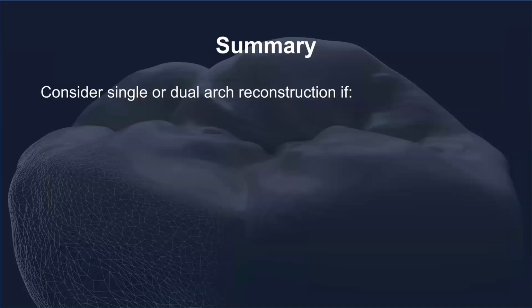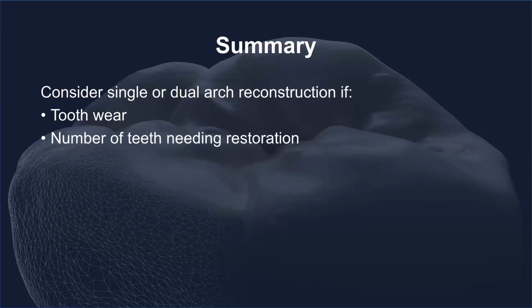So in summary, when you are considering single or dual arch reconstruction, if you see a lot of tooth wear, a lot of teeth with exposed dentine, a number of teeth needing restoration, so let's say 28, 27, or 25 teeth need restoration, then maybe consider increasing OVD, because if you do that, you will create restorative space, which is very vital.